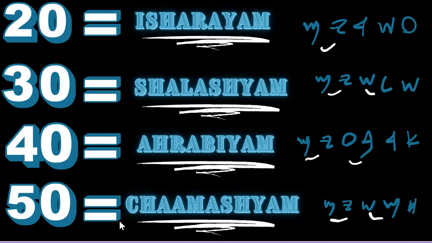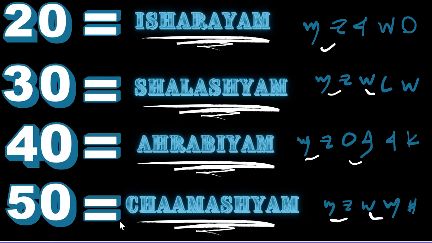Now when you go back up to Asharayim, if you want to say 21, what is 1? When you go back to the previous lessons, 1 is Achad, and Asharayim is 20. So you will say Achad Asharayim. It's like saying 1 plus 20, which is 21. Then you have Shanya, which is 2. You can say Shanya Asharayim, which is 22. It's the same thing for 30.